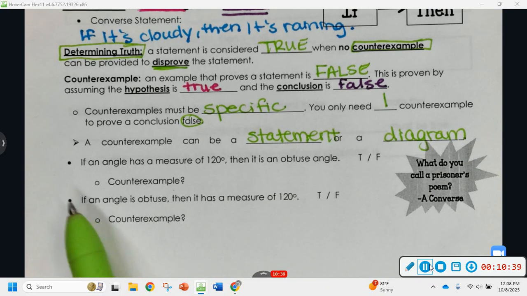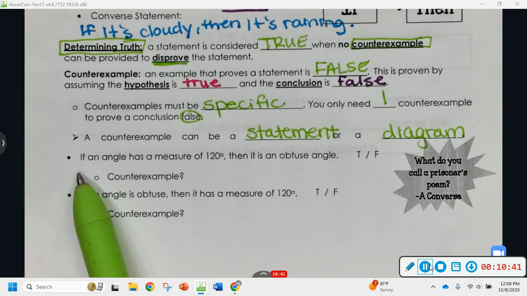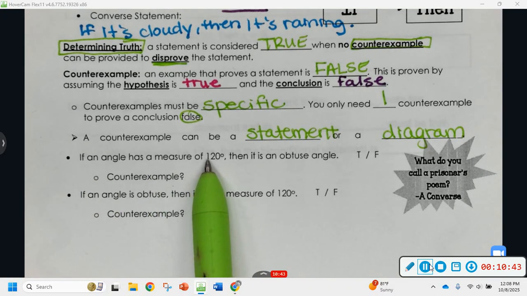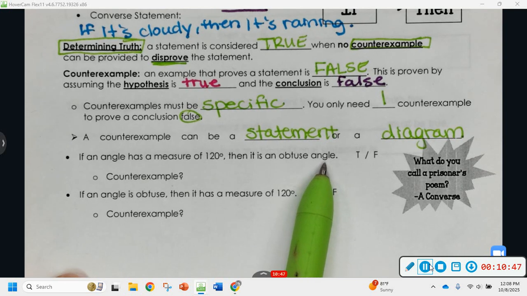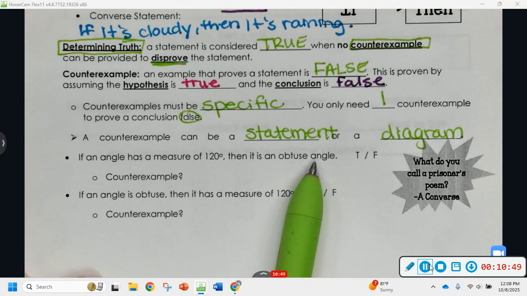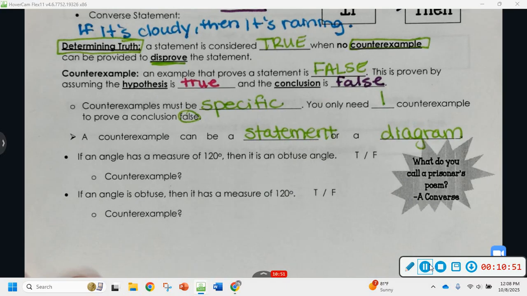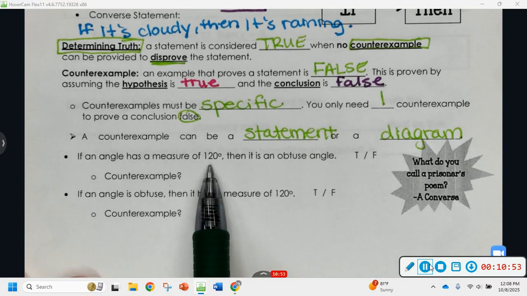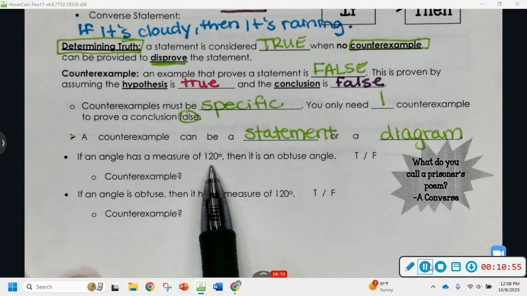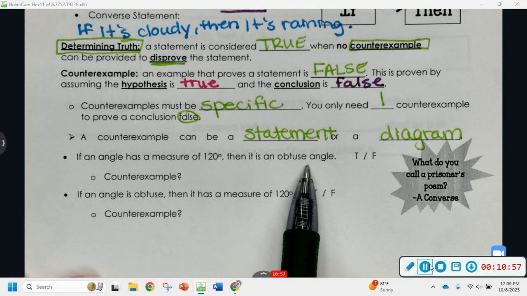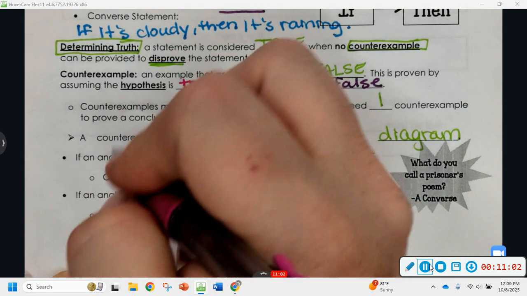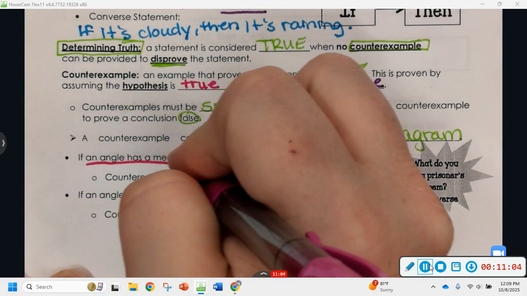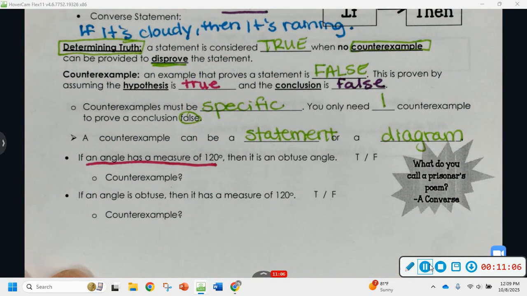Okay? So right here we have, if an angle has a measure of 120, then it is an obtuse angle. So we're going to first determine the truth value of this one. If an angle is 120, then it has to be obtuse. Well, our hypothesis, an angle has a measure of 120.